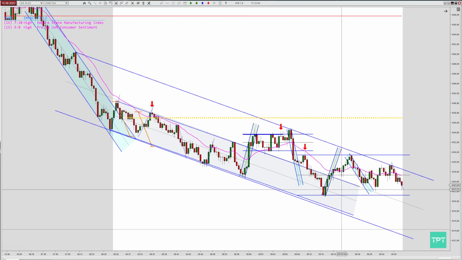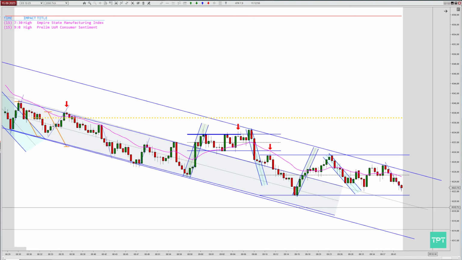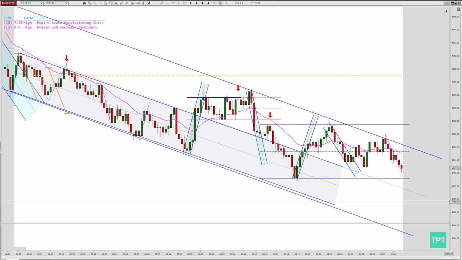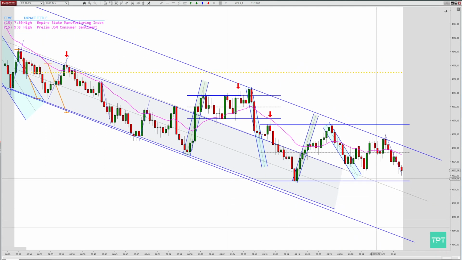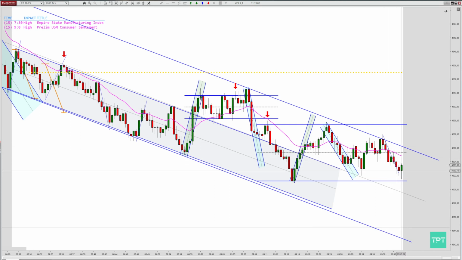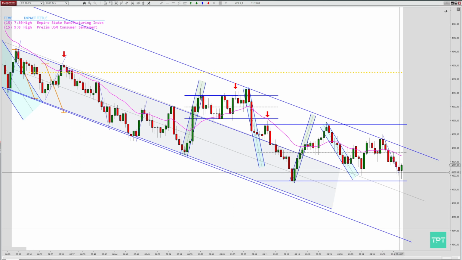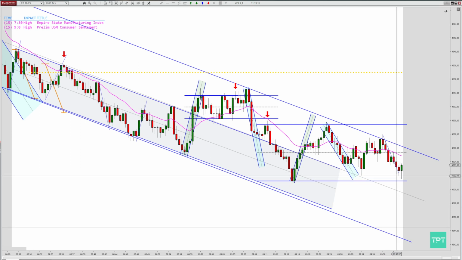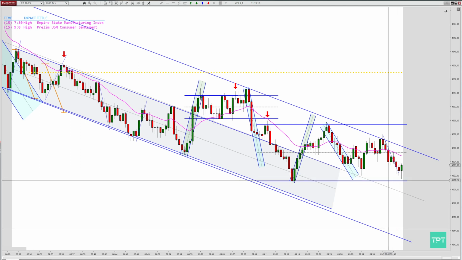So we will play with this channel and see if we get any setups and confirmations of the key entry points. Right now we're having the shorter term channel here, break new low and finding some potential support here. So really nothing to consider. We just have to wait and see.